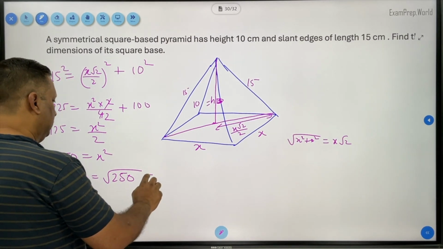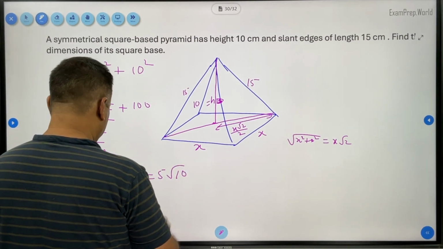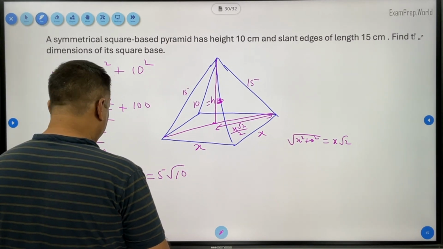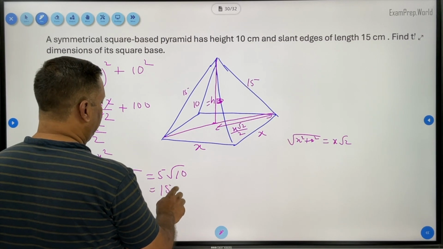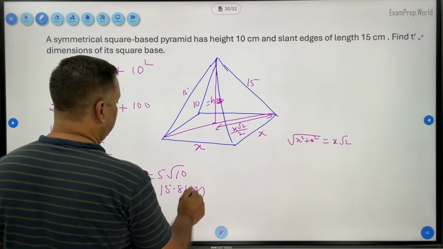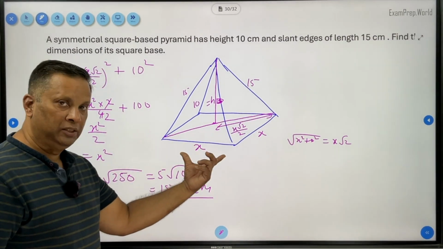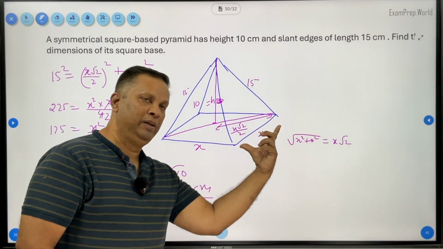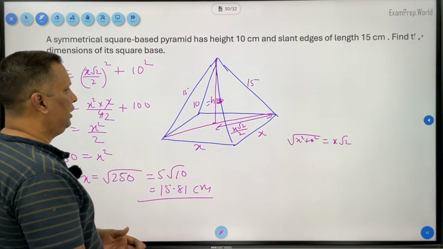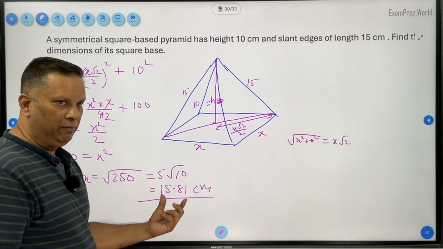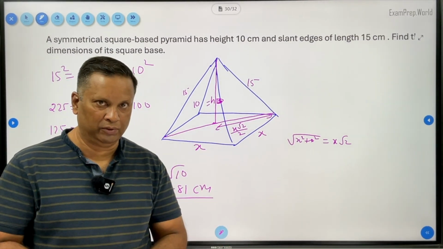It is 5 root 10, which equals 15.81 centimeters. So the square base is 15.81 times 15.81. One side is 15.81, all sides are 15.81 of the square pyramid.